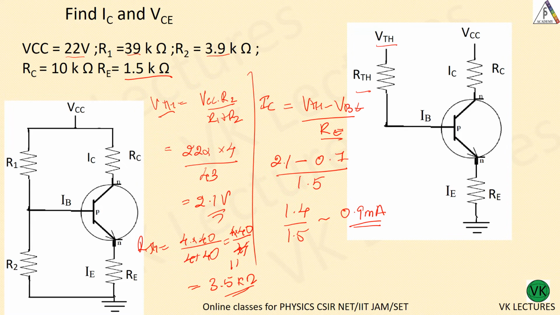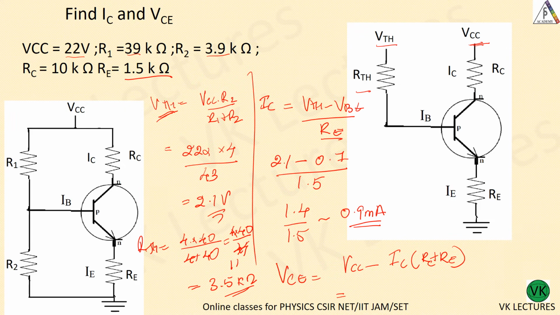Now once we got IC, what is VCE? VCE equal to VCC minus IC into (RC plus RE). What is VCC? 22. Please don't confuse VTH and VCC. VTH is different, VCC is different. The values are different.